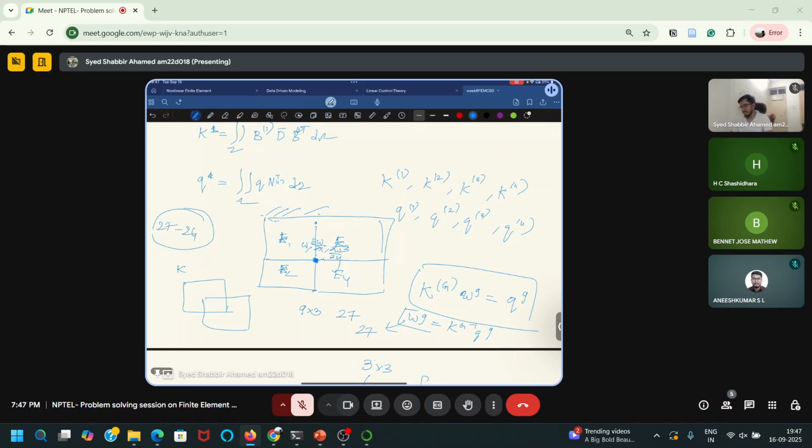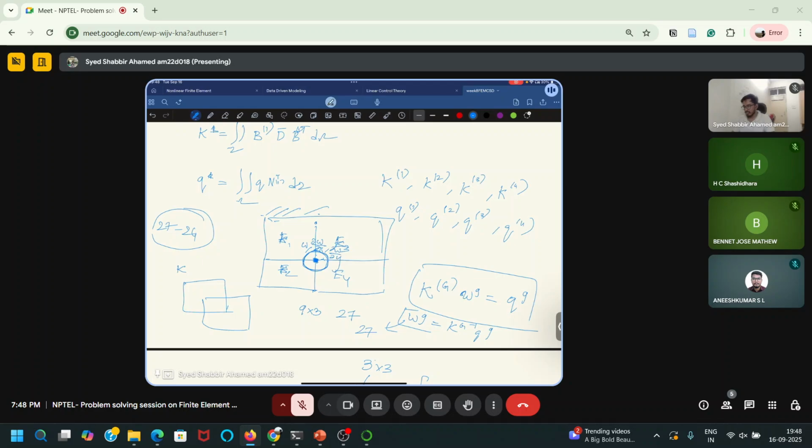So the simple trick which I can tell is, when you do the assembly, don't do a 27 cross 27 matrix. Instead of that, just take the elements and just do addition only here. Because you know what the stiffness terms in element 1 are which will occur at this node.